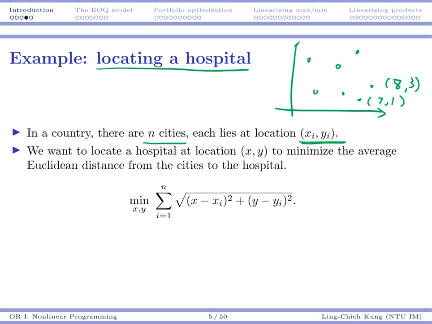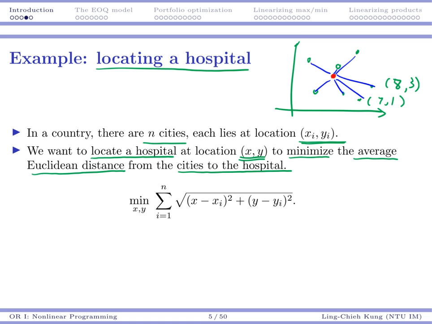And then we want to locate a hospital somewhere so that we may minimize the average Euclidean distance from the cities to the hospital. So what does that mean? Let's say I locate my hospital here. Then in this case, I'm going to have a traveling distance from all these cities to this particular hospital.